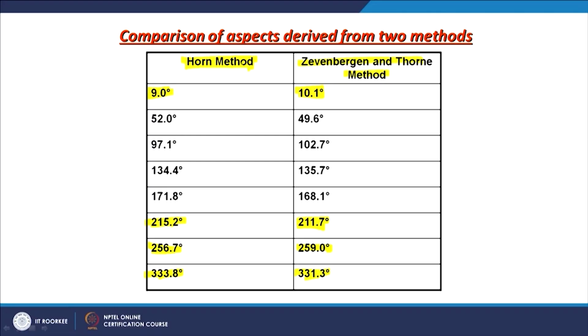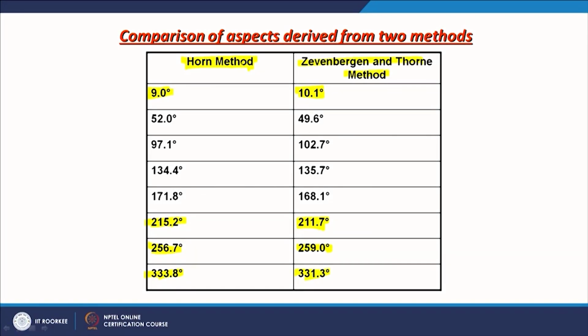So, in the case of aspect calculation also the Horn method has been implemented. But if somebody would like to use the other one, then the tools are also available, may not be within that software, you have to search the net.